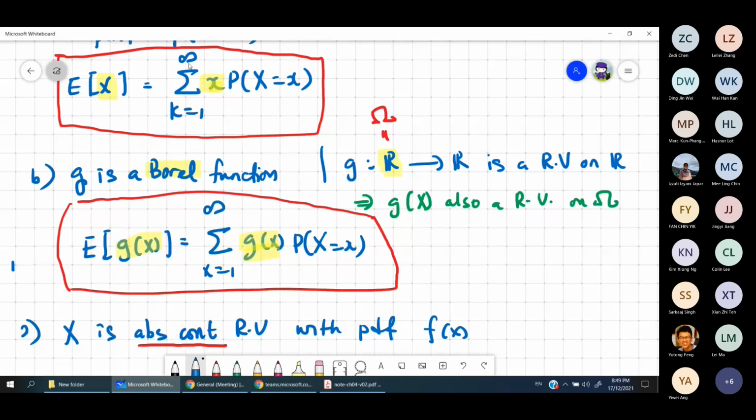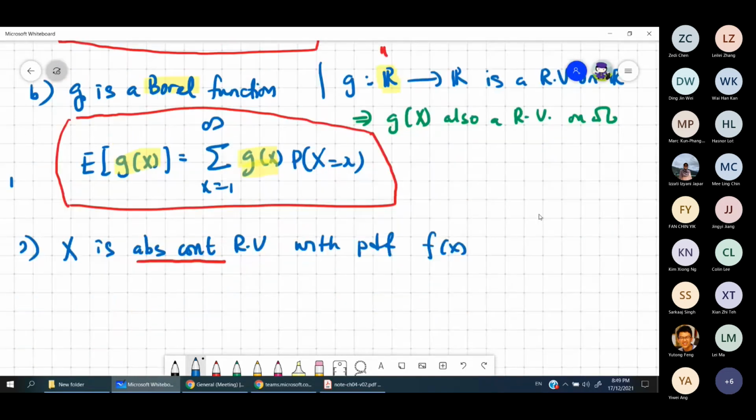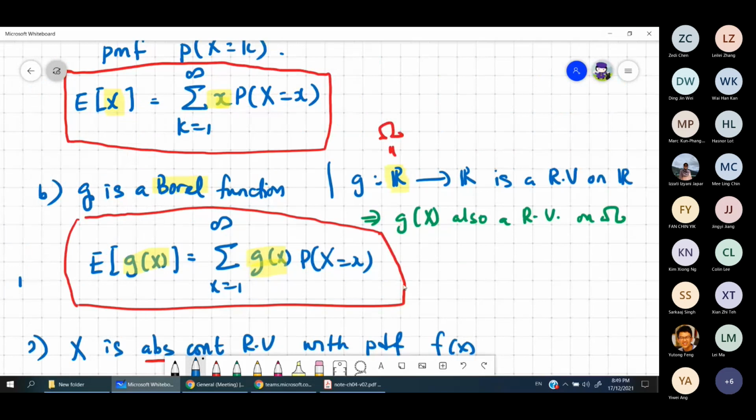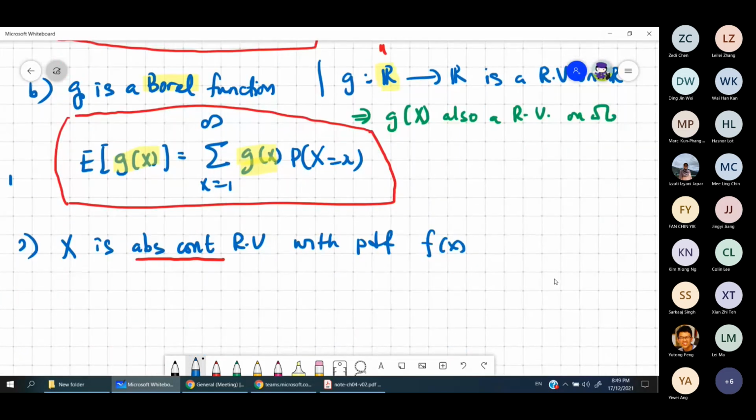I think you already know that when we change from discrete to continuous, we just replace the summation with the integral sign, and replace the mass function with the density function.